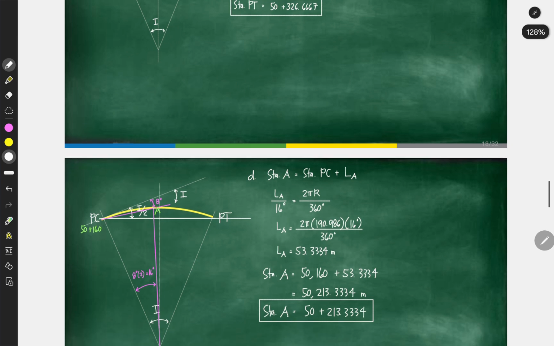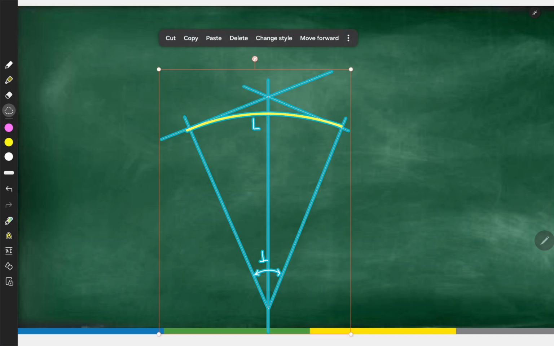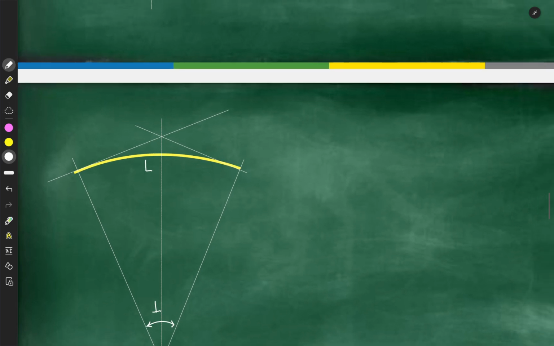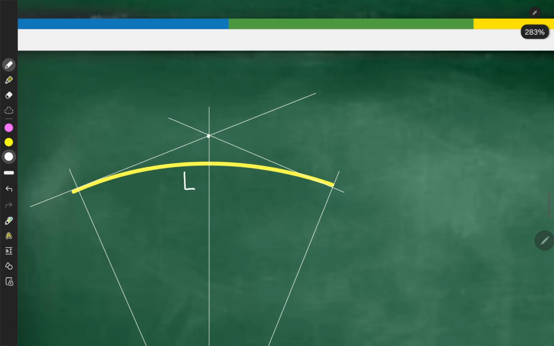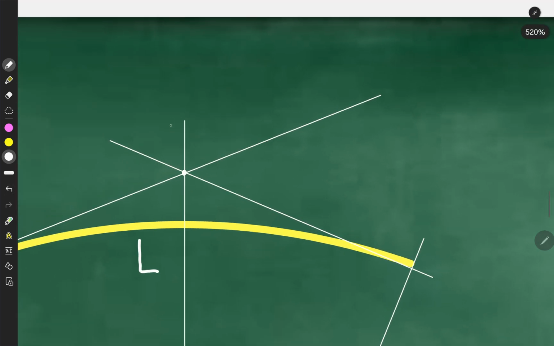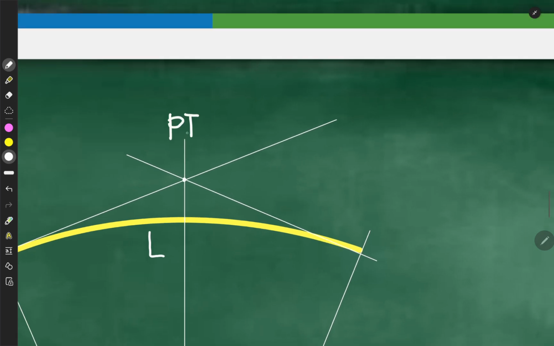Okay, so if we are going to understand this, for our letter E, this is our PI, at 52 plus 260.